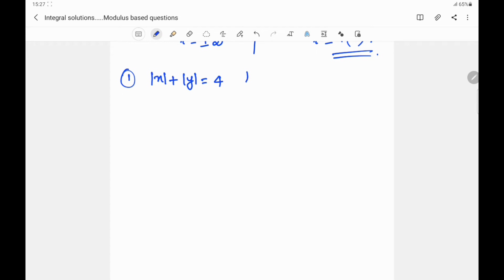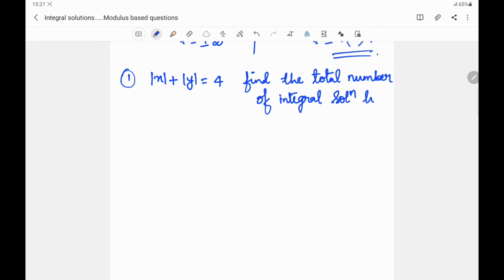We will be asked to find the total number of integral solutions to the equation. So this will be the question. Now we will solve this question in 2 steps.